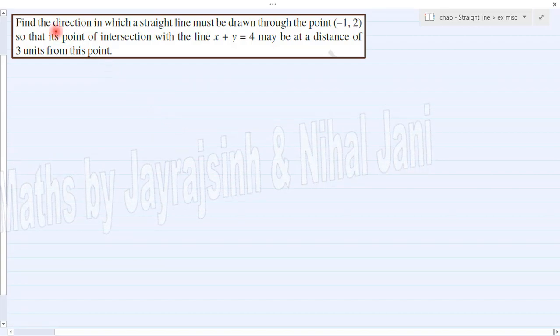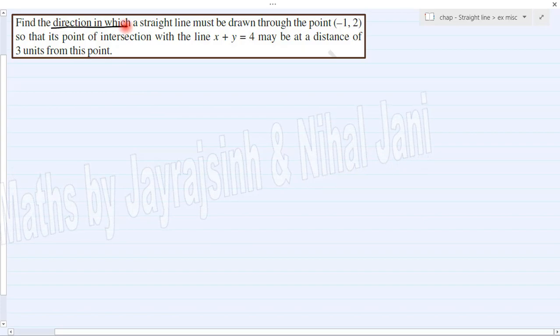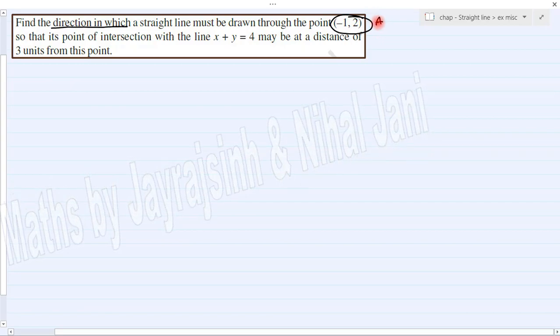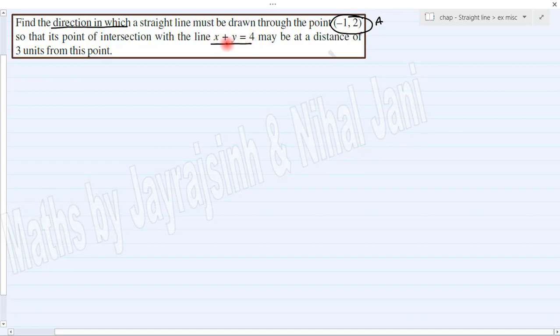In this question, we have to find the direction in which a straight line must be drawn passing through minus 1 comma 2. Let's say this is your A point. So that its point of intersection with line x plus y minus 4 may be at distance of 3 units from this point.